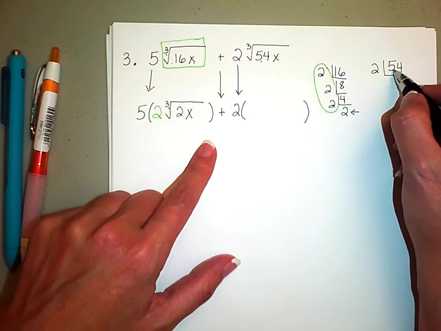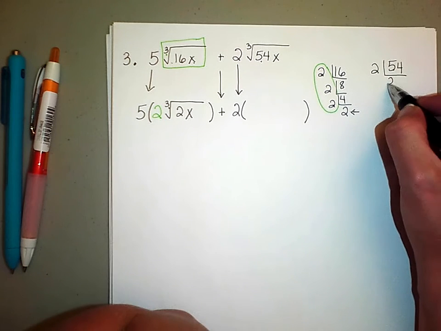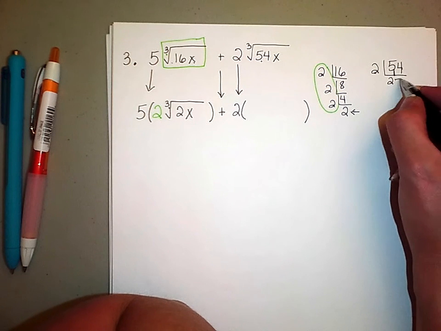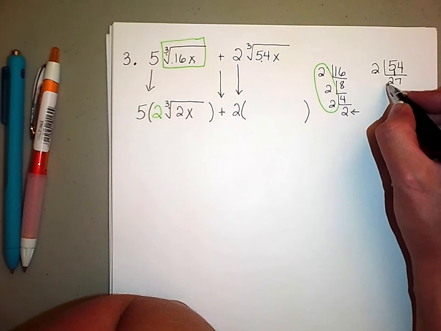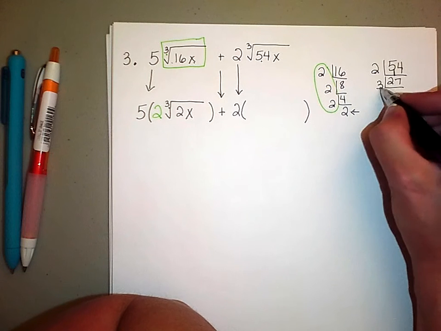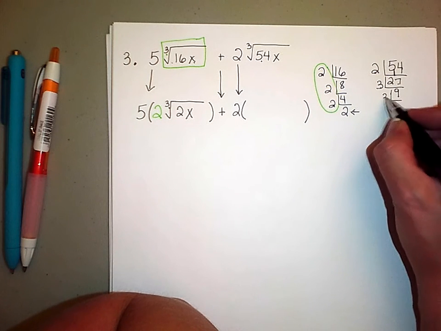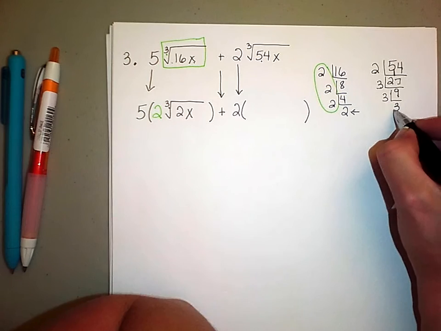2 goes into 5 2 times, but there's a remainder of 1. Then 2 goes into 14 7 times. 3 goes into 27 9 times, and 3 goes into 9 3 times.